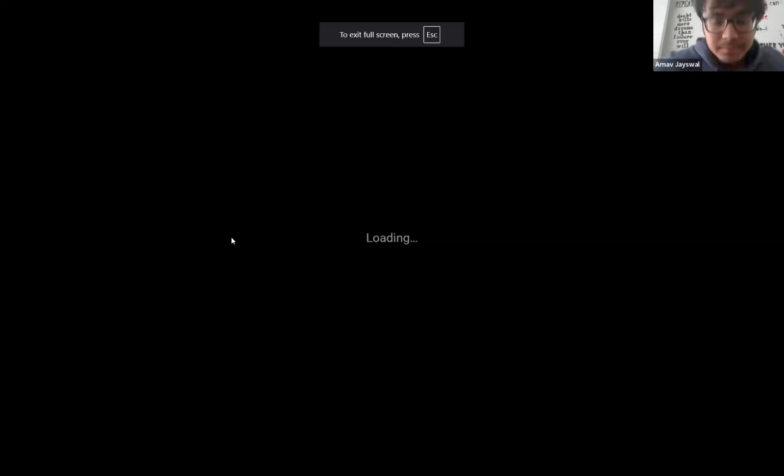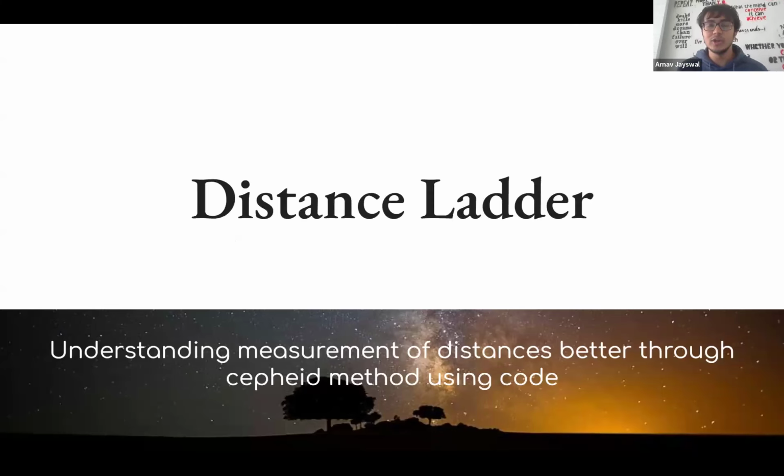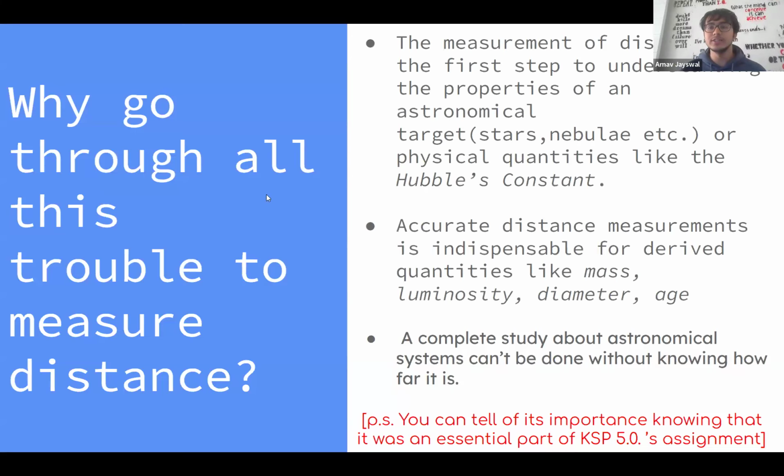So hello everyone, I'm Arnav Jayswal from IIT Bombay, as sir introduced. Today we'll be looking at various ways we measure distances in astronomy. It's called the distance ladder. Let's start by understanding why we need to find out distances.